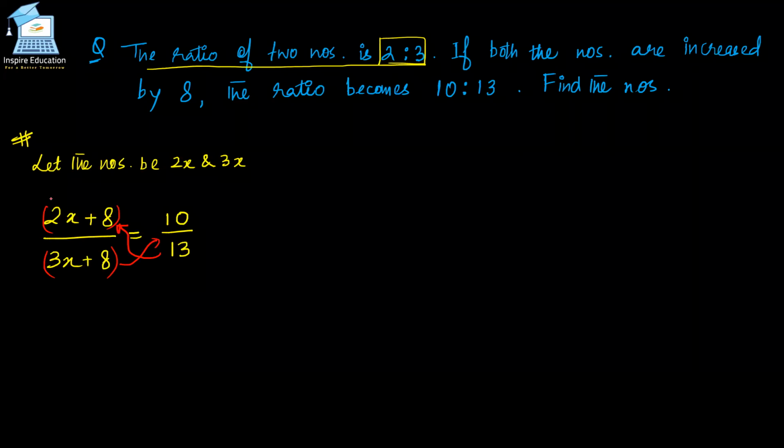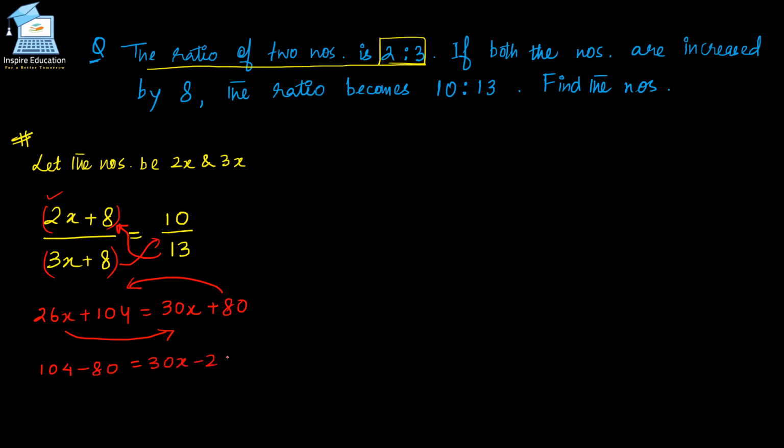So 13 into 2x, 26x, 13 into 8, 104, 10 into 3x, 30x, 10 into 8, 80. This 80 will go to the left side, 26x will go to the right side. 104 minus 80 equals 30x minus 26x. 24 equals 4x. x equals 6.